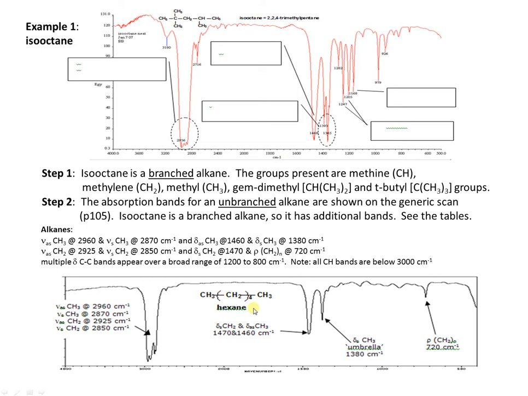Nevertheless, let's start here. So right from page 105, we see that the asymmetric methyl and the symmetric methyl stretches occur at 2960 and 2870, just below 3000 here. At the same time, the asymmetric methylene at 2925 wave numbers and the symmetric methylene stretch at 2850 wave numbers, they also occur in the same region just below 3000 wave numbers.